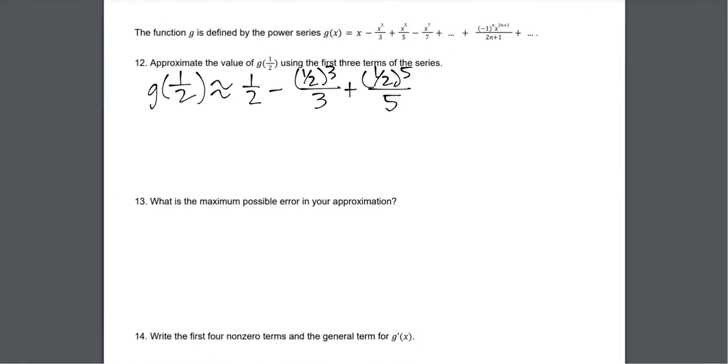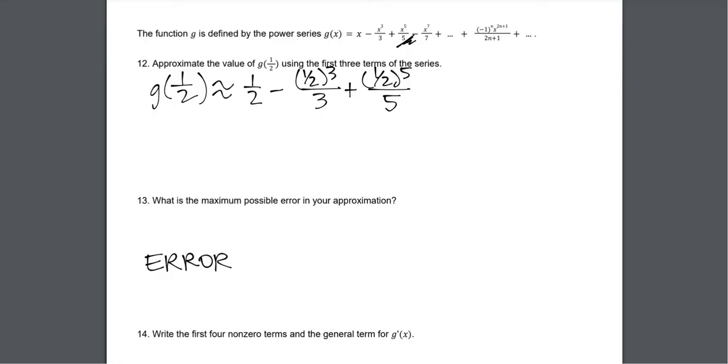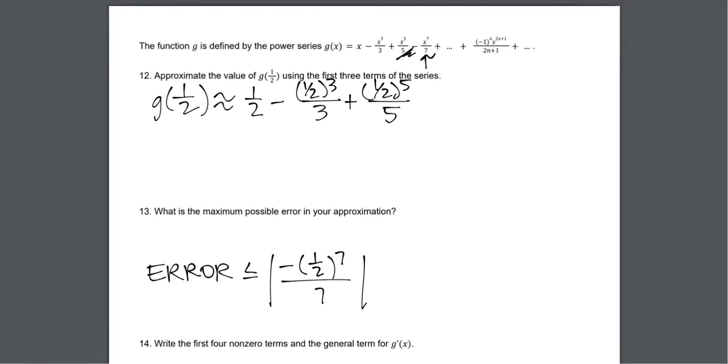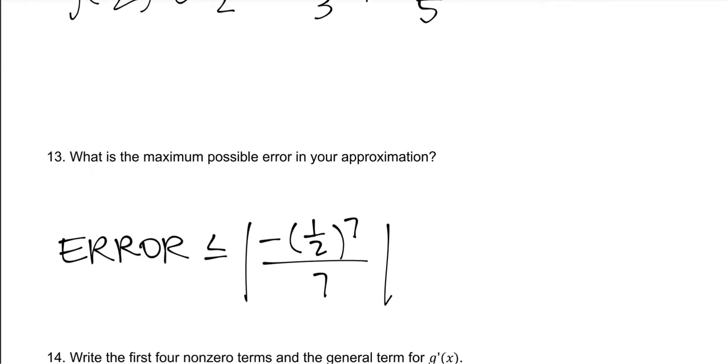What's the maximum possible error in our approximation? Okay, now I wanted to say error. I stopped at that term here, so it's going to be the absolute value of the next term. Absolute value of negative of 1/2 to the 7 over 7. Okay, and that is true, but in order to justify my answer, I have to first verify the convergence of g of 1/2.